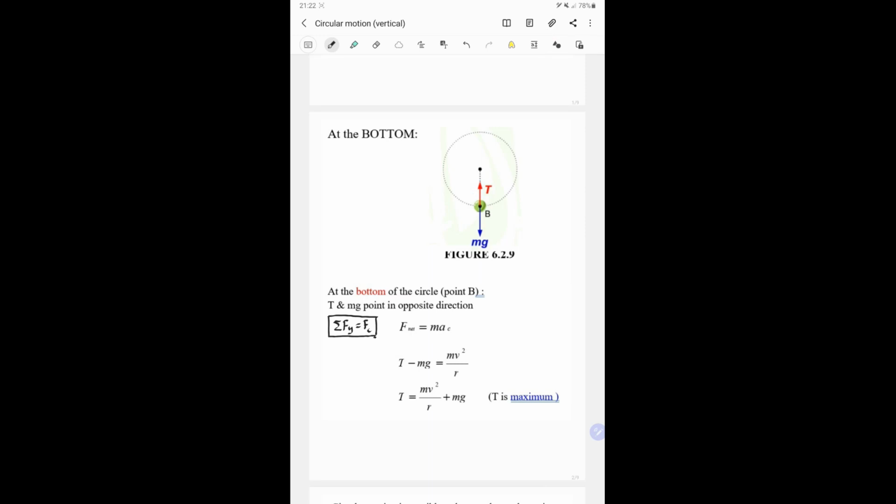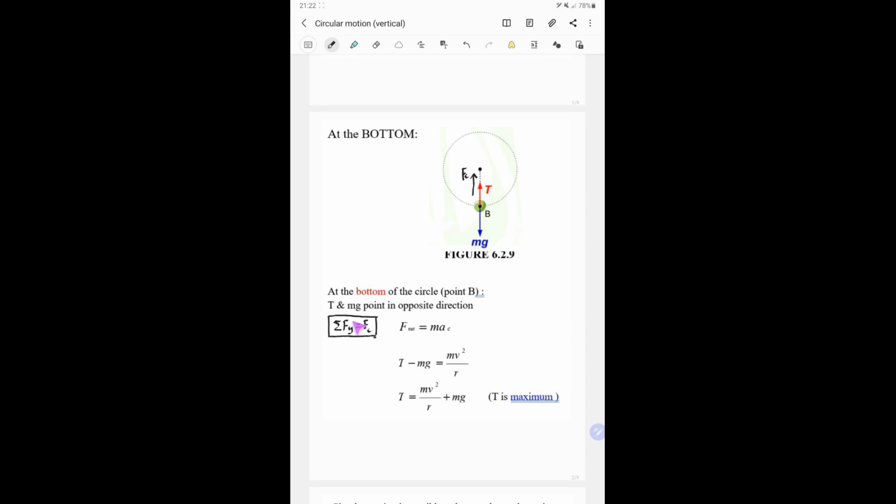So where is Fc? This is Fc. Fc is directed upwards. According to this, the direction of T is the same as Fc, so T is positive, while mg is in the opposite direction of Fc, so mg is negative.